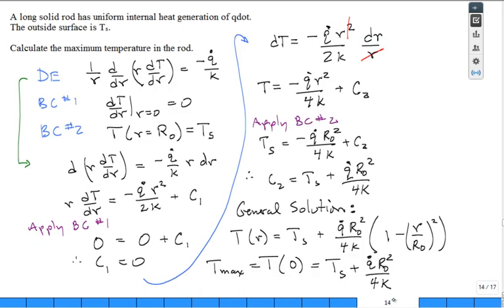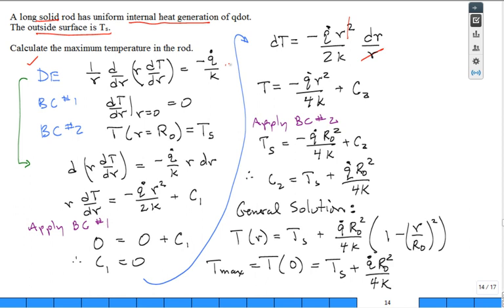All right, so here, let's move now to a solid rod, and it has that internal heat generation, that q dot, and let's just pick an outside surface temperature, Ts. Well, you start with a differential equation and two boundary conditions. Does the differential equation look good, first and foremost?